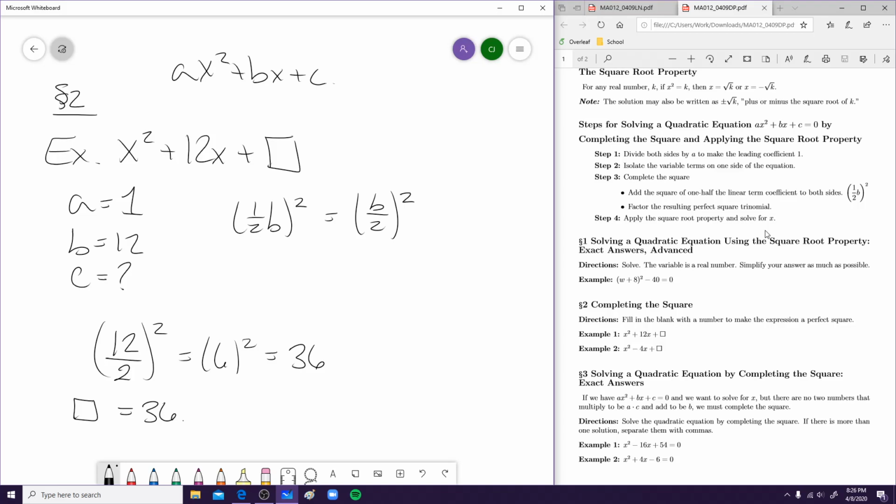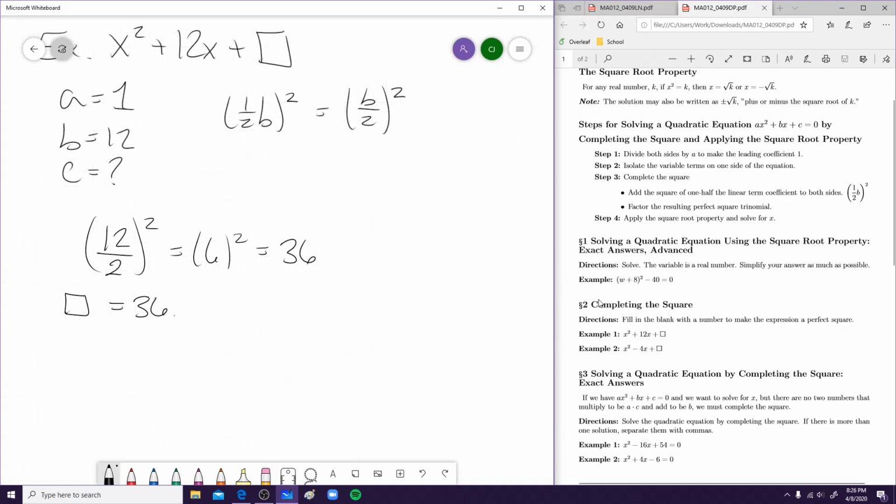Now, how can we check our work? If we completed the square properly, then this expression should be able to factor into a perfect square. So let's check our work. We're claiming that the blank is 36.